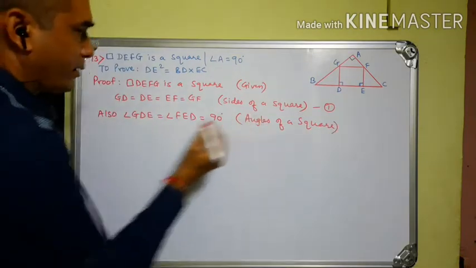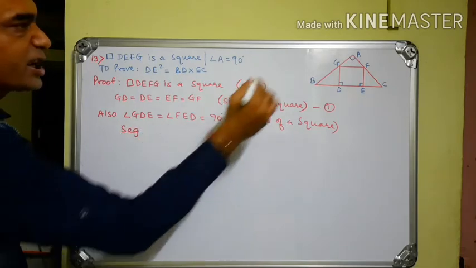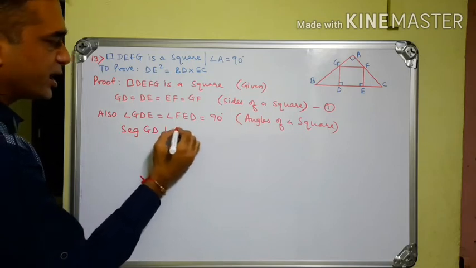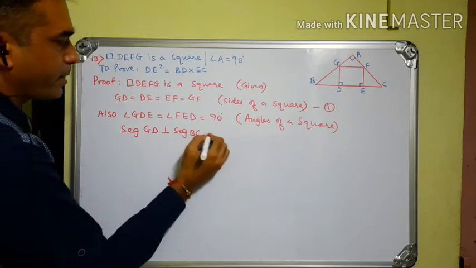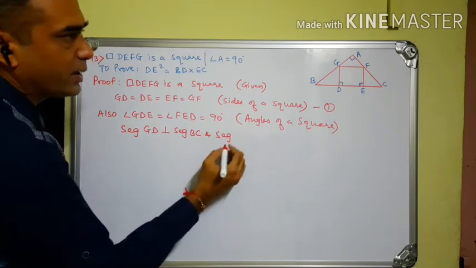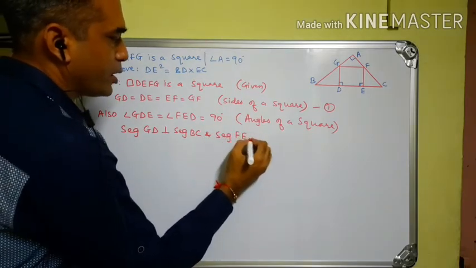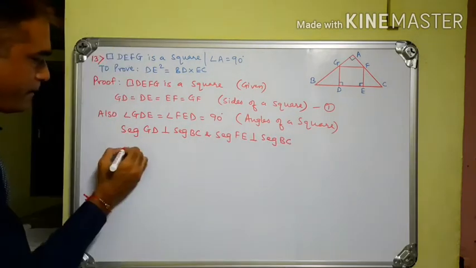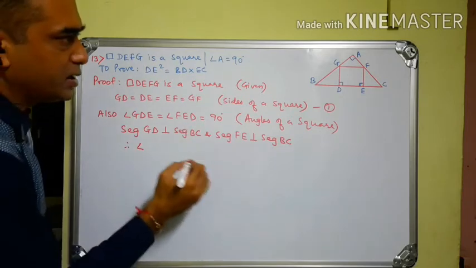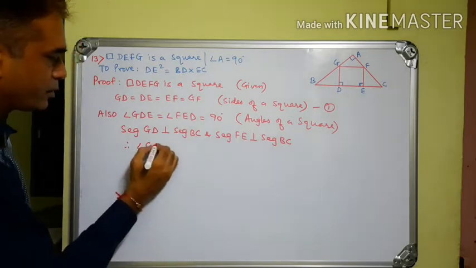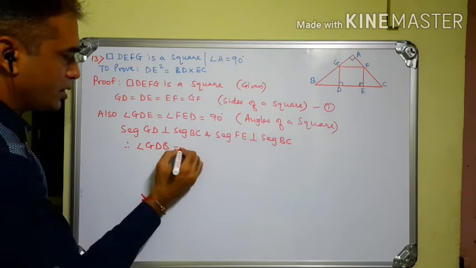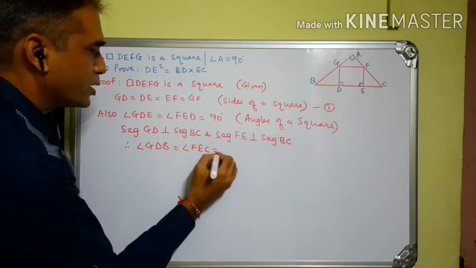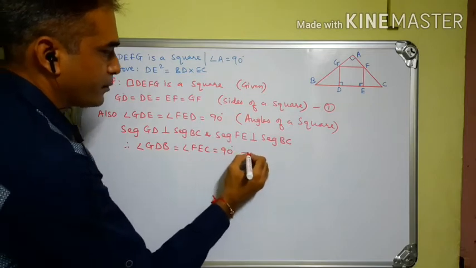It means that segment GD is perpendicular to segment BC, and segment FE is also perpendicular to segment BC. Therefore angle GDB equals angle FEC equals 90 degrees. This is point number 2.